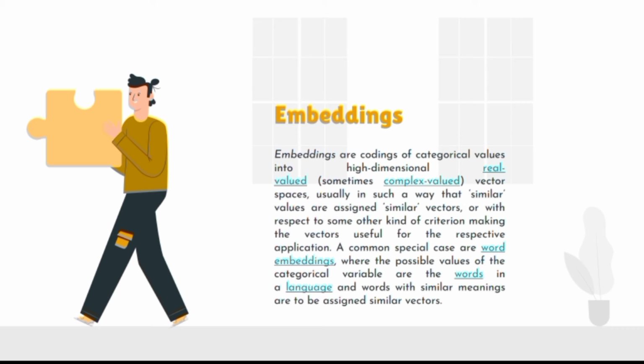A common special case are word embeddings, where the possible values of the categorical variable are the words in a language, and words with similar meanings are to be assigned similar vectors.